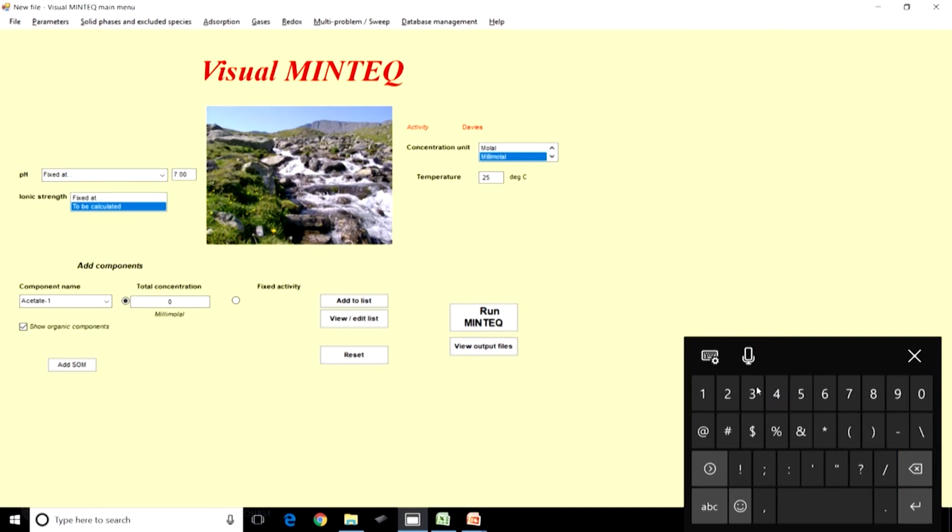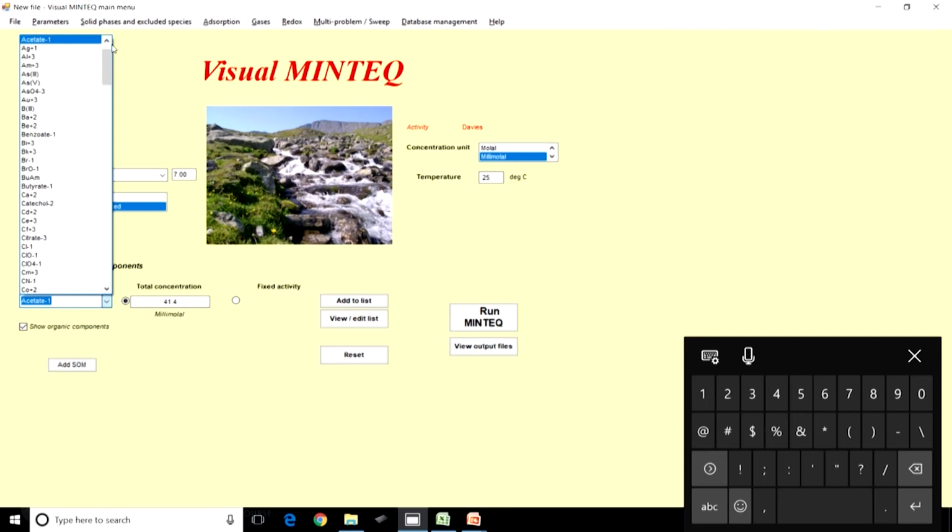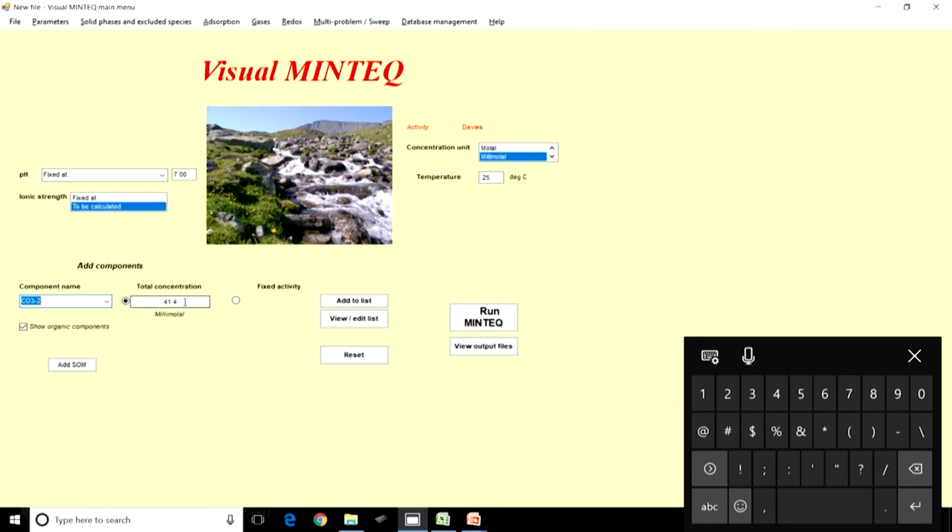Okay, I just made a mistake here, 41.4 and it is millimolal. I am going to add that to the list. And what about CO3 2 minus, was it 33.33 millimolal or something else? Where is CO3 2 minus? Okay, it is right here.